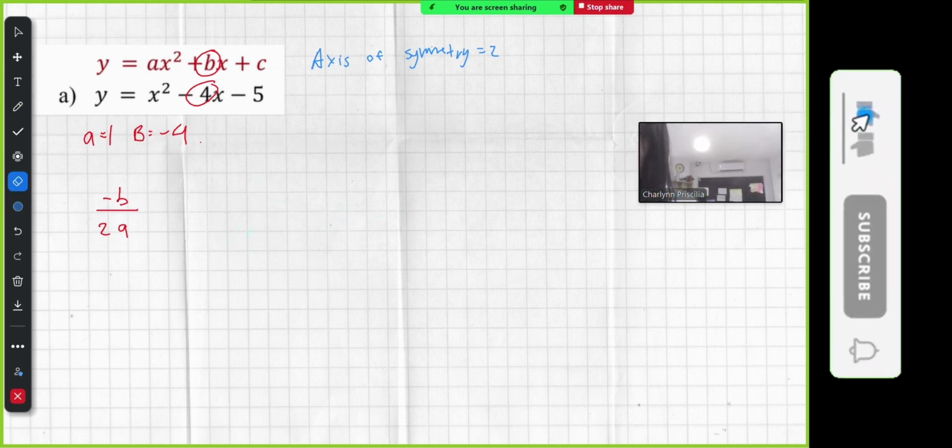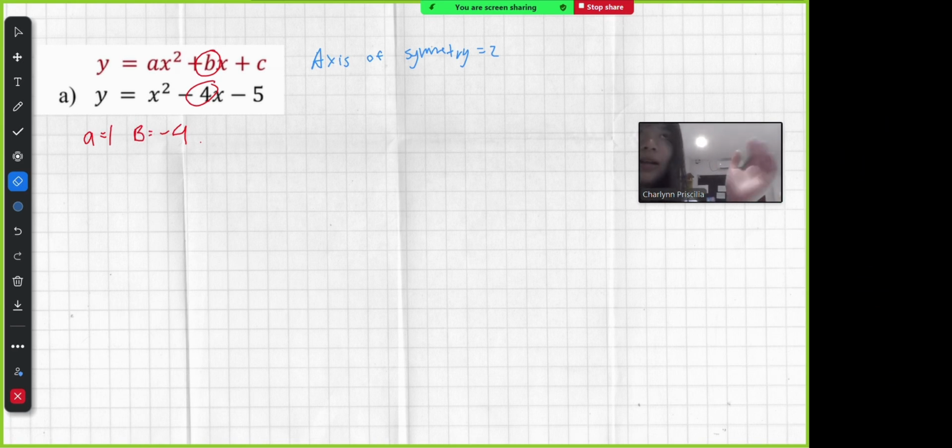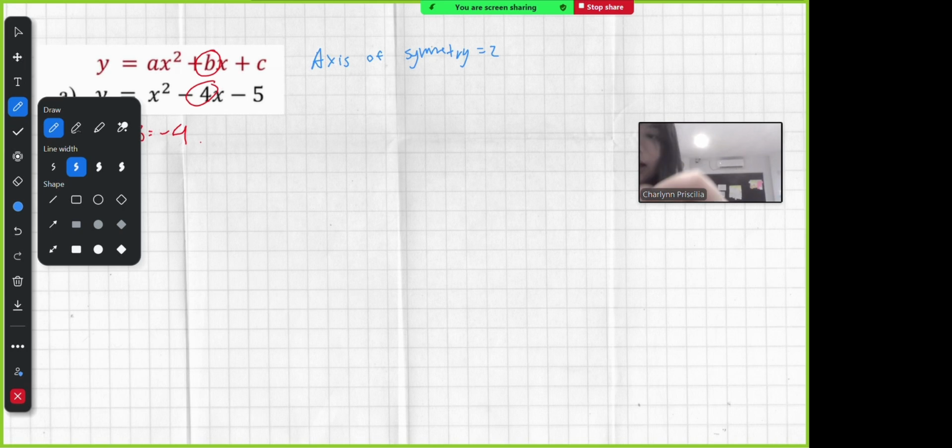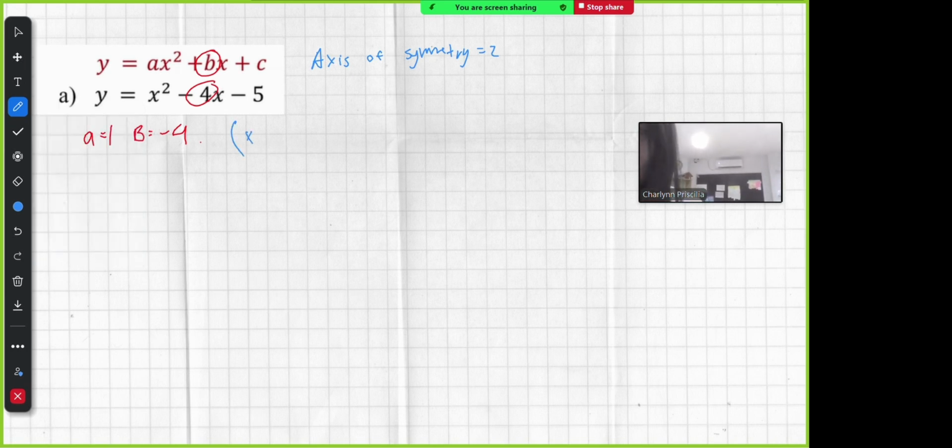Moving on to the next step, which is to find the vertex. By the way guys, we will write our equation like this: x comma y. The x here is 2, so it's basically 2 comma y.